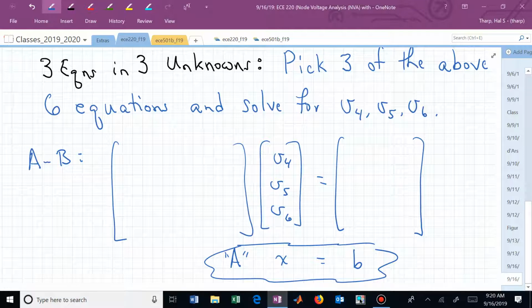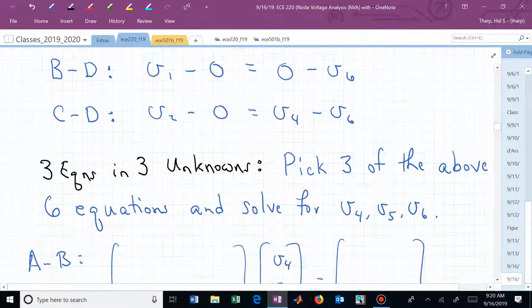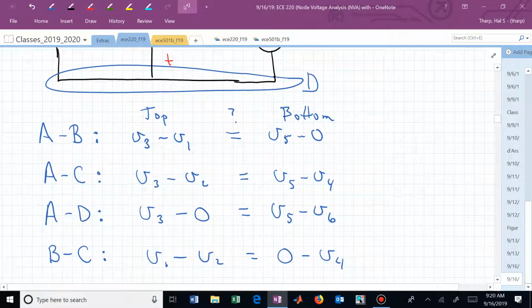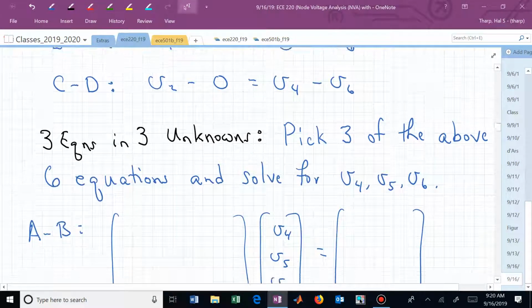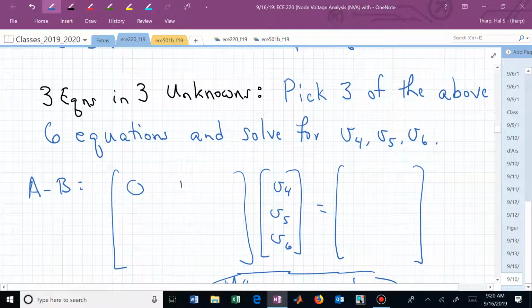Let me write the first equation, A to B. Now I want something that involves V4, V5, and V6, which is really the right-hand side up here. I need to pull off V sub 5 in this expression, and I can do that by multiplying that unknown vector by 0, 1, 0. That isolates V sub 5.